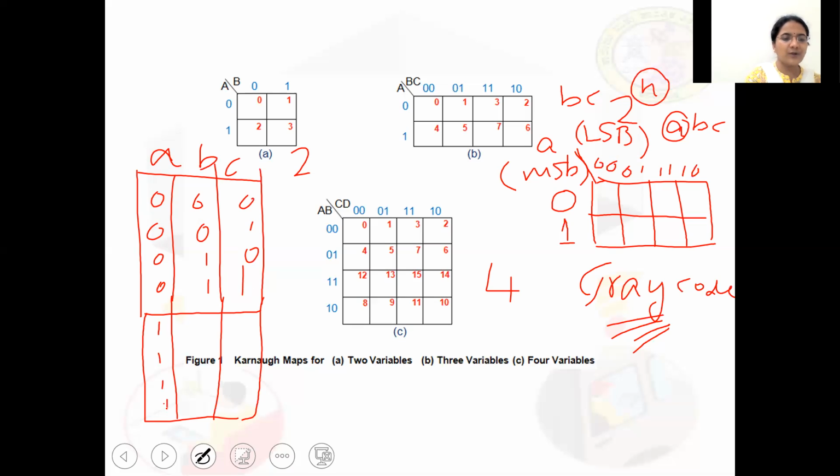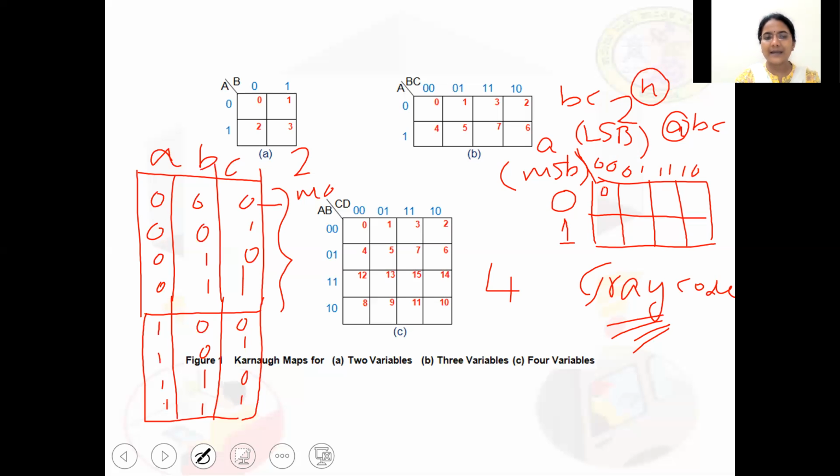And the BC values repeat: 0 0, 0 1, 1 0, 1 1. If you see this, the first row is the same as this. The first row, A is 0 and BC is 0 0. This represents the minterm M0, where we are writing minterm 0.